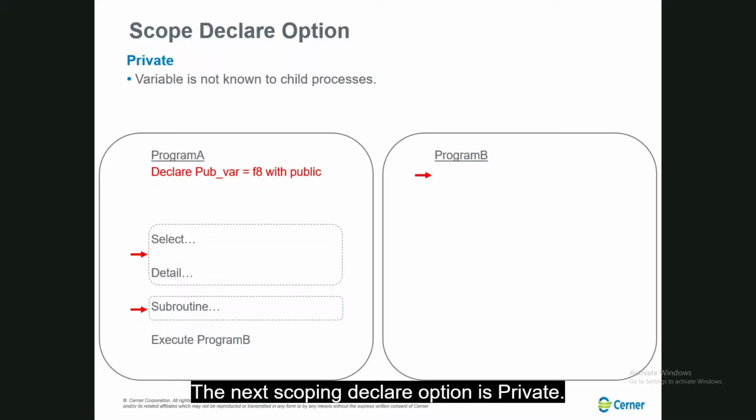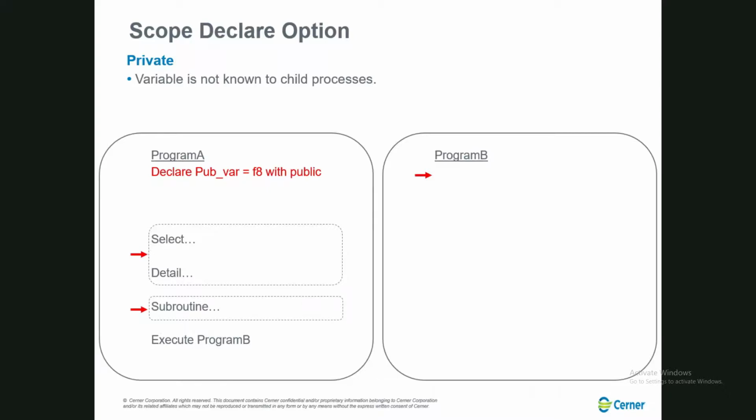The next scoping declare option is private. With private scoping, the variable is not known to child processes. We'll create privvar with a private scope.